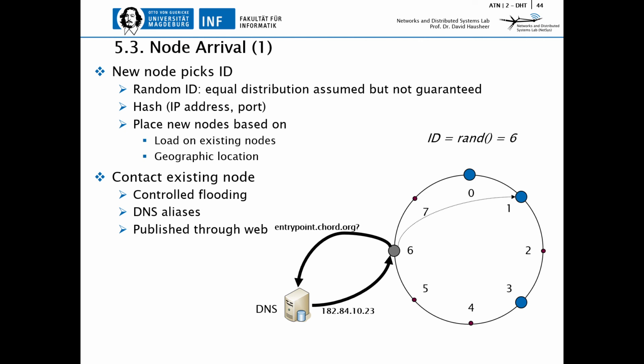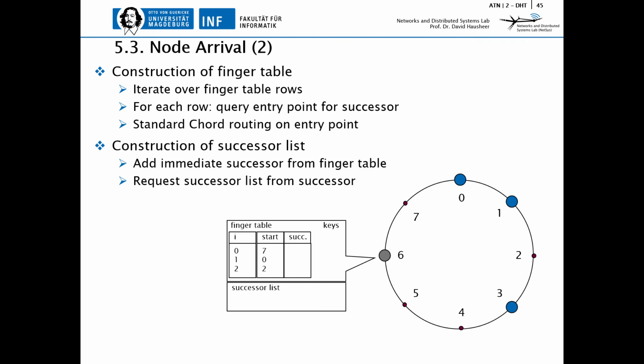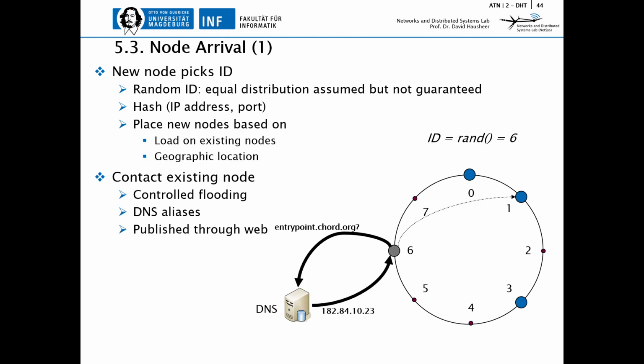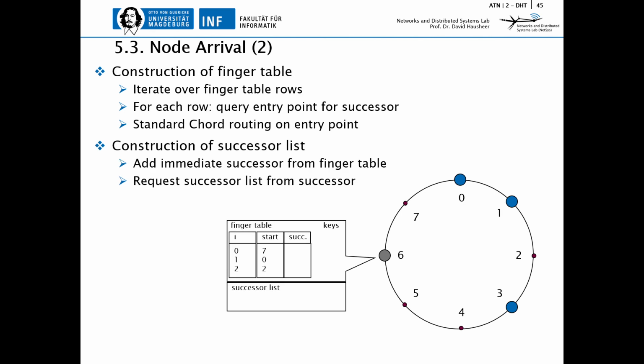The DNS name that is used for this is entrypoint.chord.org, and an IP address is then being returned from the DNS system. With this IP address, the new node then looks up this existing node that in this case points to node 1 in our Chord overlay. And node 1 is then being used as the bootstrap node for that new node to join the network.